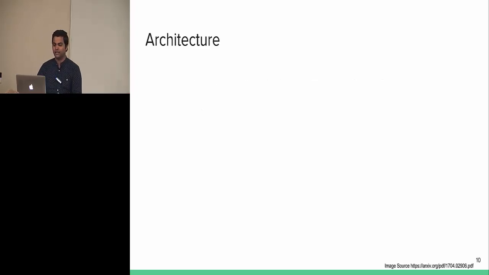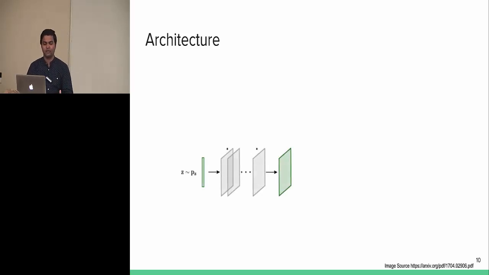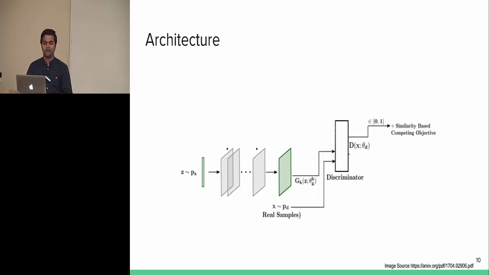So the architecture of this is as follows. If you compare this with a normal GAN model, we take noise from a noise distribution and pass it on to the generator, which would generate an image, and then we pass that image and some real samples to the discriminator, which will learn to discriminate between real and fake.